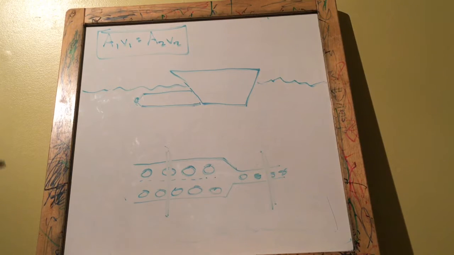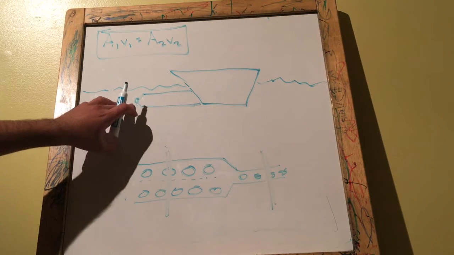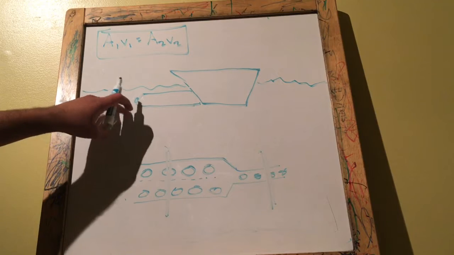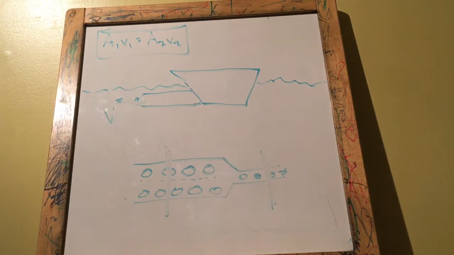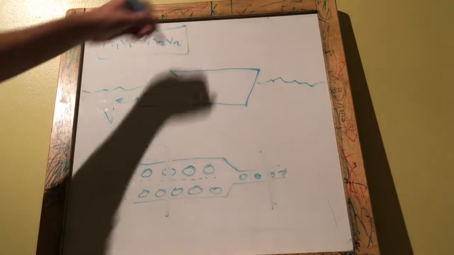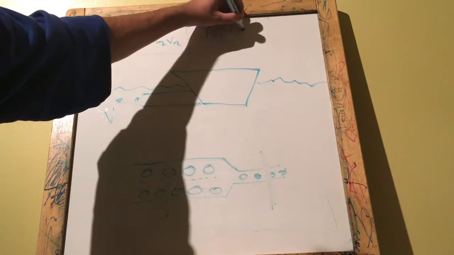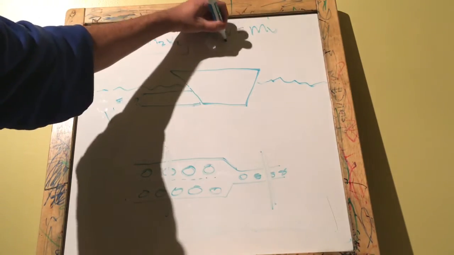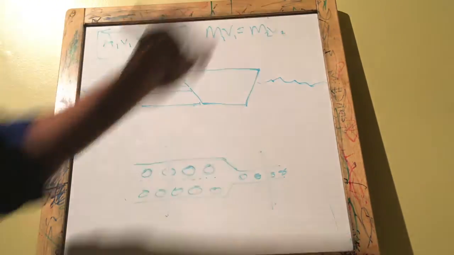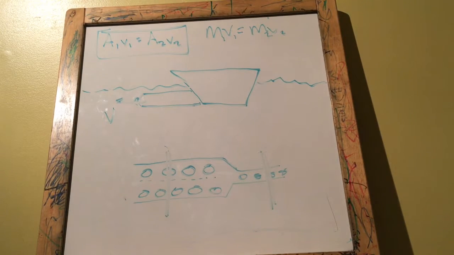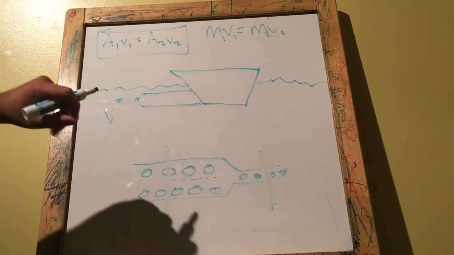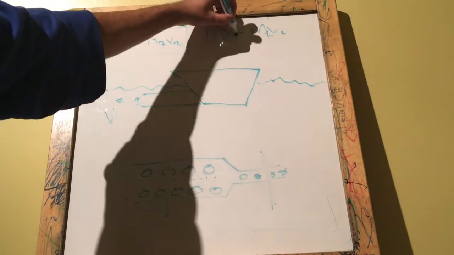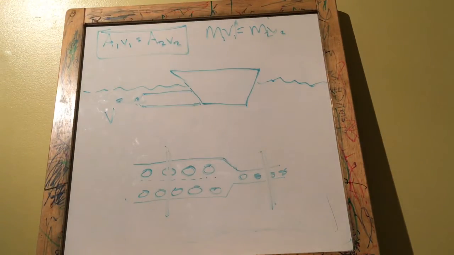Now, in the boat, if you were to narrow the end of the straw, the water molecules would eject at a much higher velocity. And if you take a look at the law of conservation of momentum, which basically says mv is equal to mv, you know that if the velocity of the water molecules being ejected is higher, then it's going to have a greater momentum.